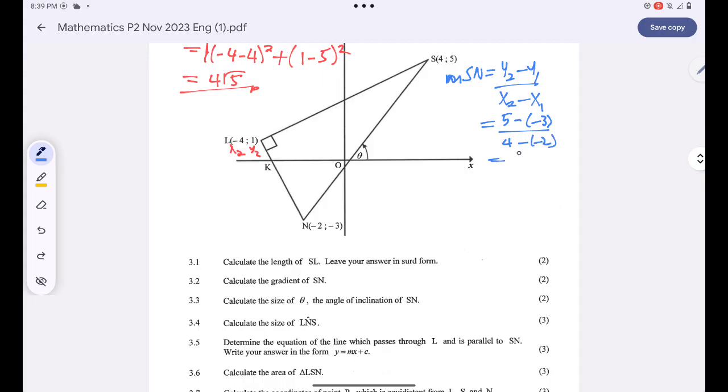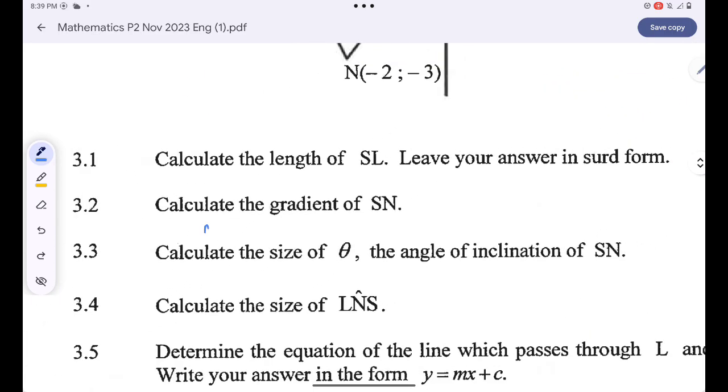So 5 minus negative 3, this will give me 8. And then 4 minus negative 2, this will give me 6. So my gradient is simply 4 over 3. So the gradient of line SN is 4 over 3, and the length of SL we found 4 root 5.